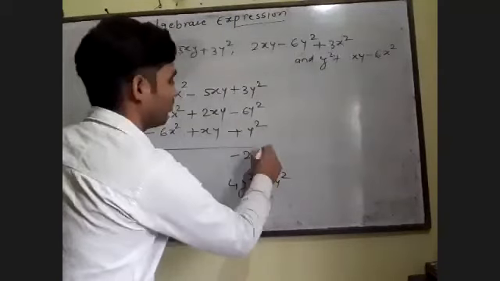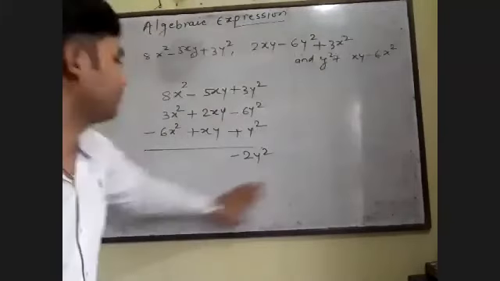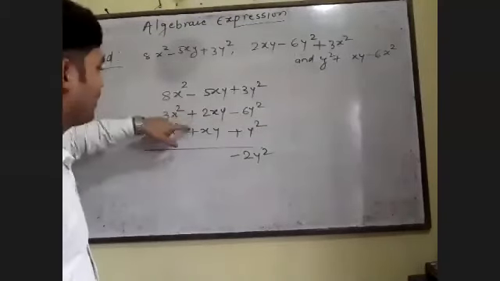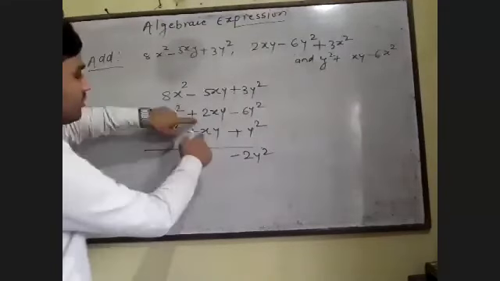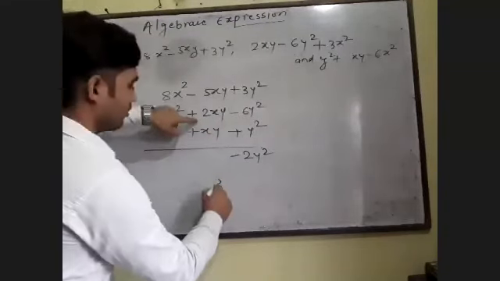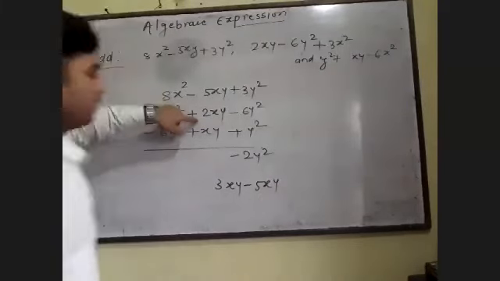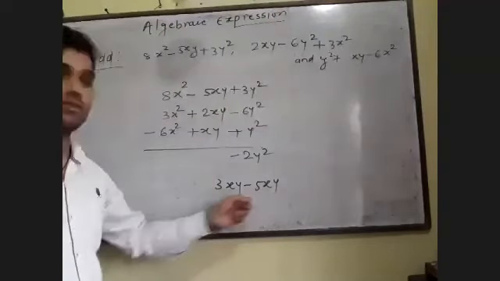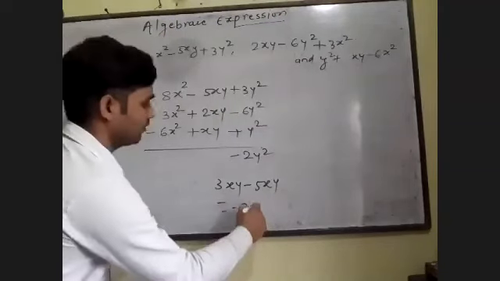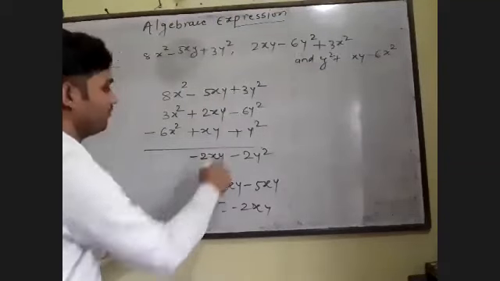Next, see the sign, plus plus plus plus. It becomes 3xy, 3xy minus 5xy, answer minus 2xy. So here we have to write minus 2xy.